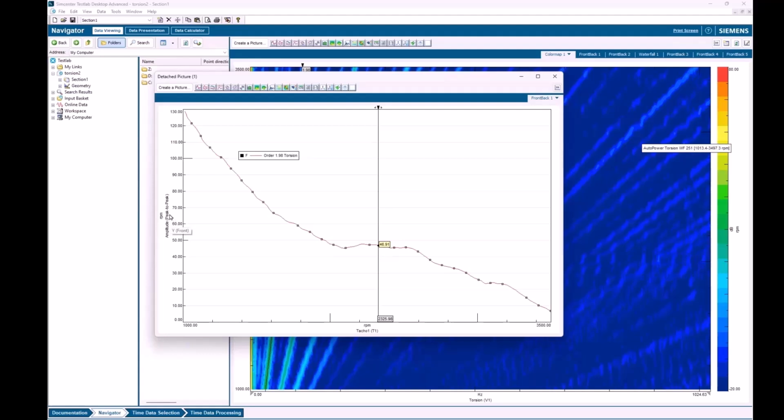Another interesting thing that people often think about with torsional vibration is here you see it's in RPM. That's the speed of the fluctuation. But sometimes it's nice to know the absolute fluctuation instead of in revolutions per minute or per second traveled. Instead, we'd want to know maybe in absolute revolutions or in degrees, the distance traveled.